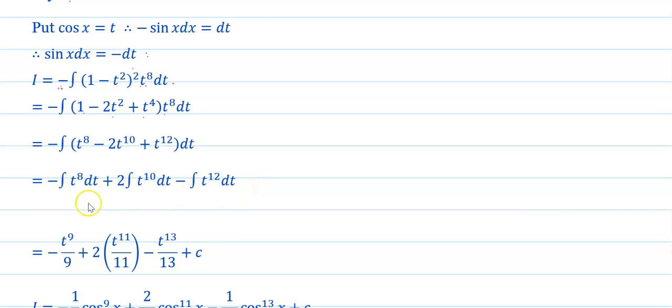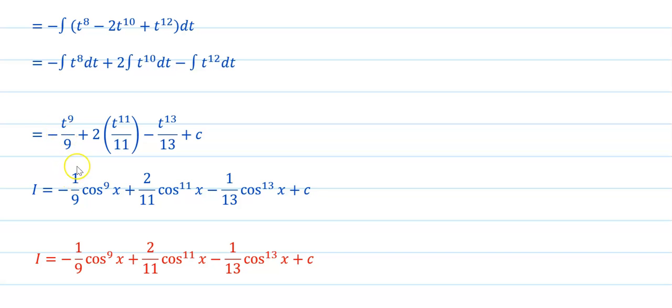Now integrate this. The integral of t raised to 8 is t raised to 9 upon 9. T raised to 10, the integral is t raised to 11 upon 11. T raised to 12, the integral is t raised to 13 upon 13, plus c. Replace the value of t, which is cos x, and hence the answer is minus 1 upon 9 cos x raised to 9 plus 2 upon 11 cos of x raised to 11 minus 1 upon 13 cos of x raised to 13 plus c, and hence this is the answer.